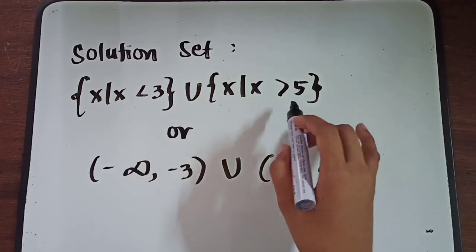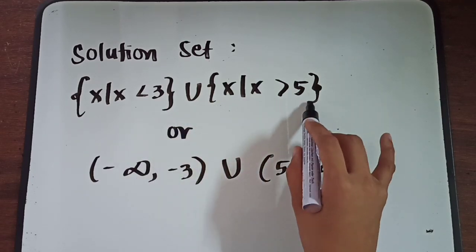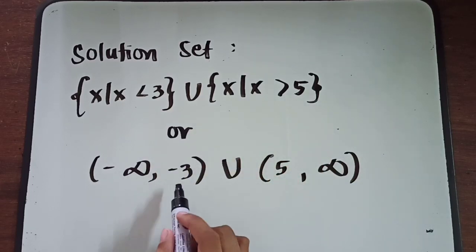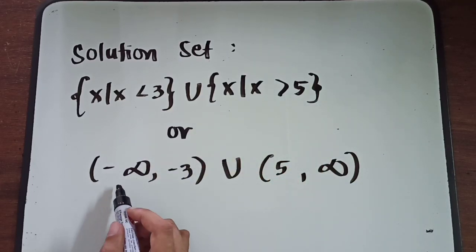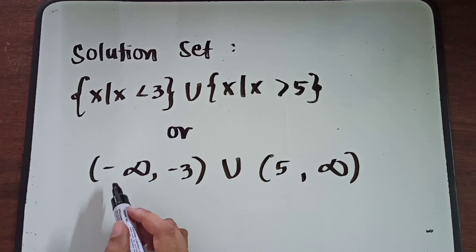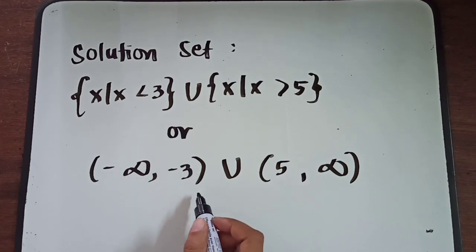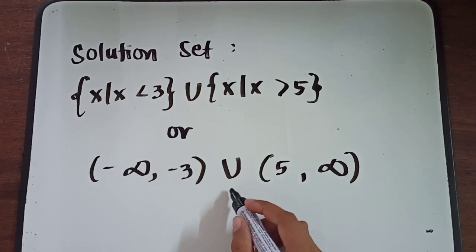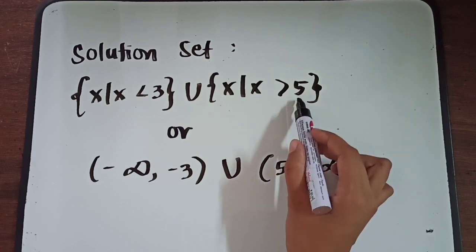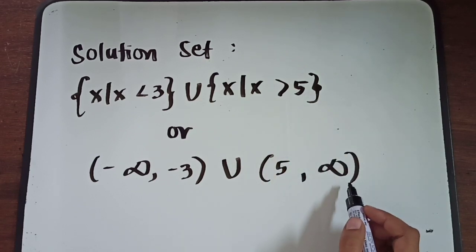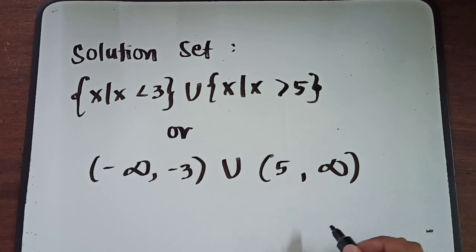X such that X is greater than 5. Or, from negative infinity up to negative 3, excluded since parentheses are used. Union again from positive 5 to positive infinity, exclusive. Okay? So this is our solution set.